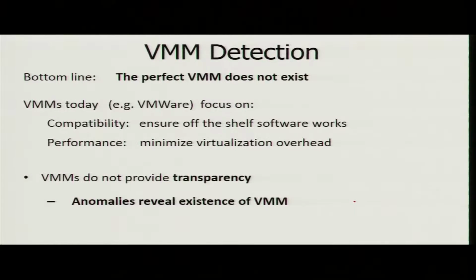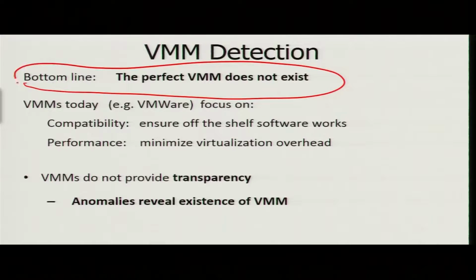So, the bottom line, and this is from one of the papers from Berkeley that we will also be providing you, demonstrates that a perfect virtual machine monitor does not exist. All of them would be subject to detection.